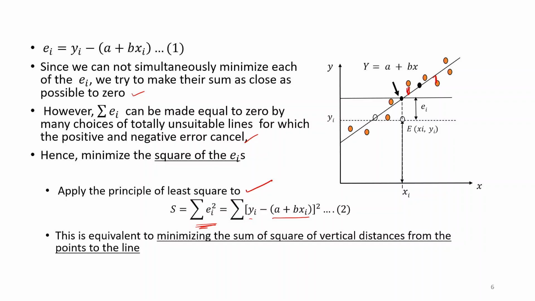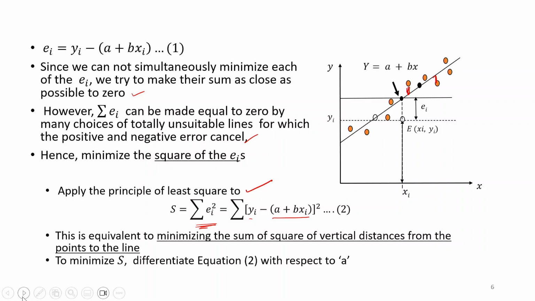And if we want to identify that line, I need to know the correct value of a and the correct value of b. The moment a and b are known to us, I can draw the line. Now, the next step is to minimize S, where S indicates sigma ei squared, that is, sigma error squared.